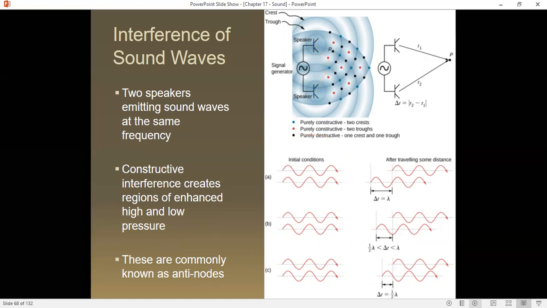What's interesting is even if one travels a full wavelength different, like to this point, speaker 1 has a wavelength less than speaker 2 to travel, they'll still be in phase because essentially just adding an integer times a wavelength is going to do nothing but advance by an equal amount of phase.